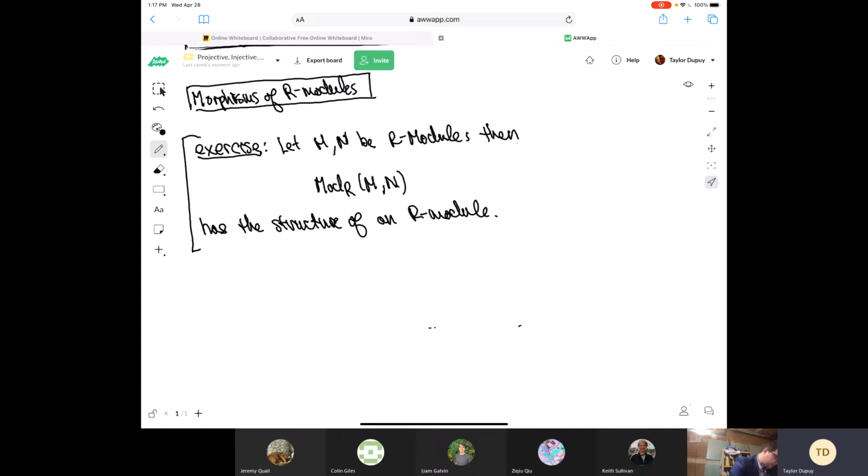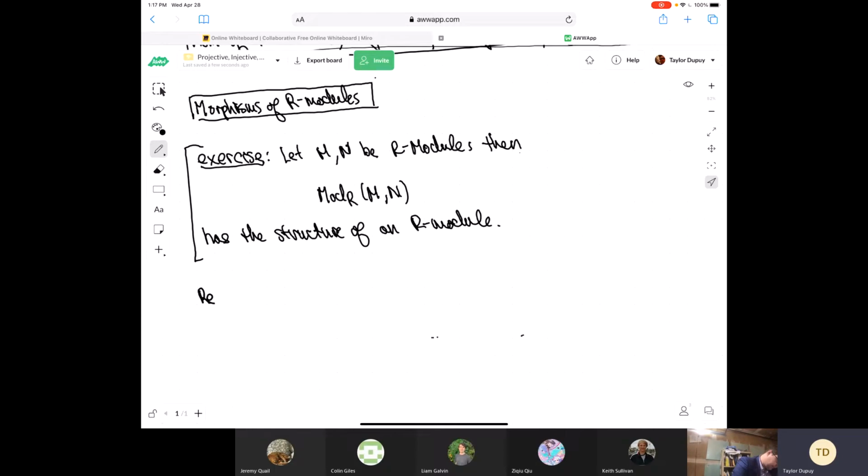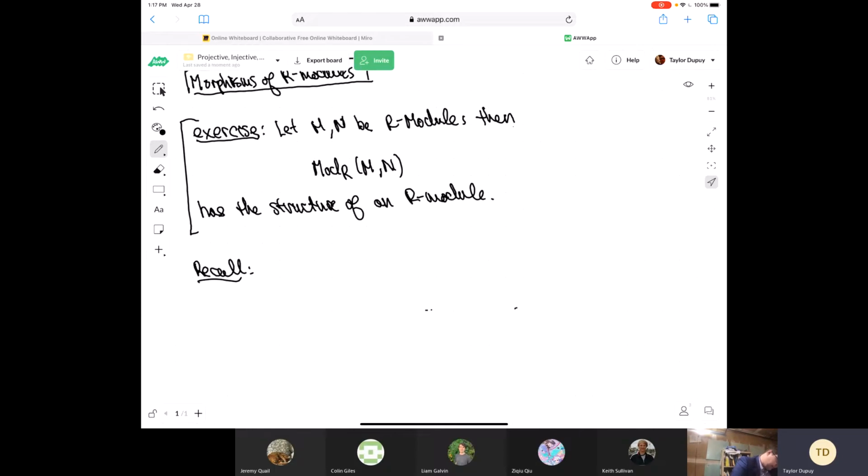Okay, so if we have two R modules, then recall that Mod R denotes the category of R modules.